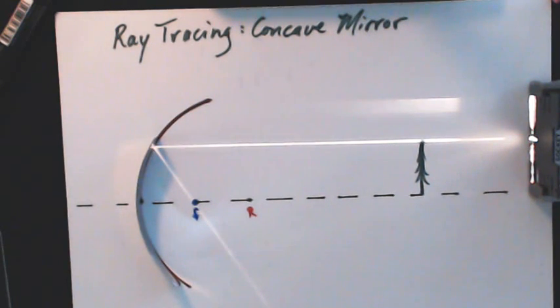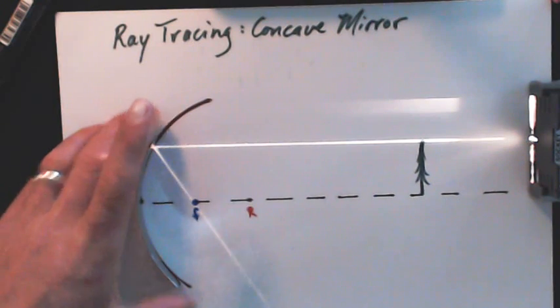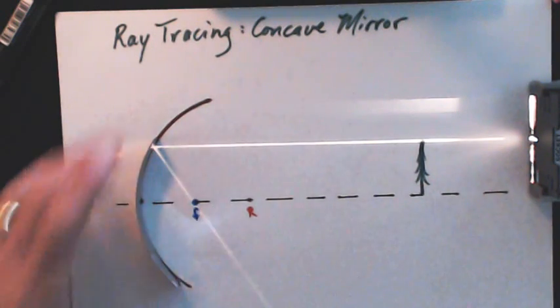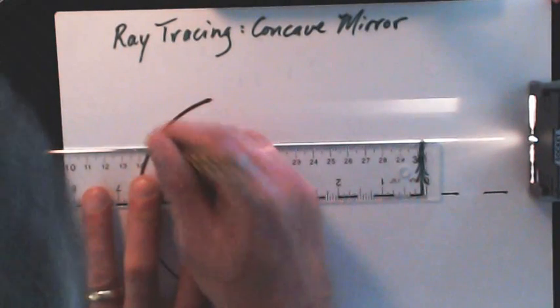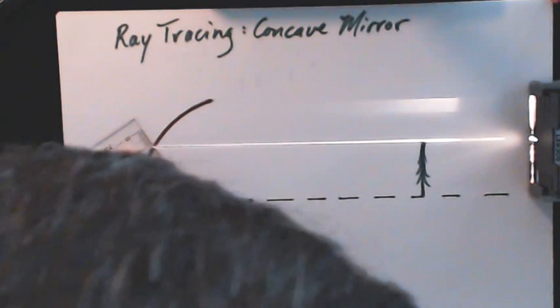So let's draw it out. Let's get my little drawing, where's my pencil, here we go. So the ray that comes from here hits the mirror and then comes through the focus.